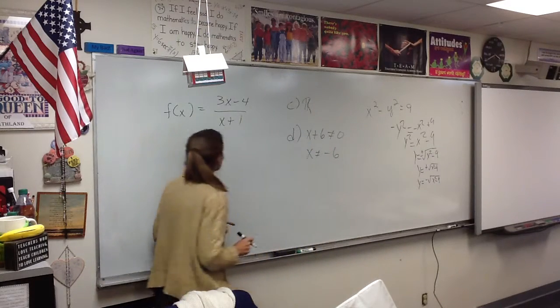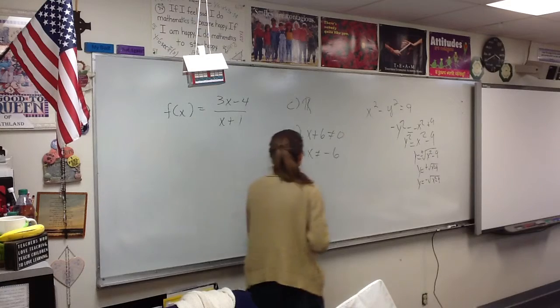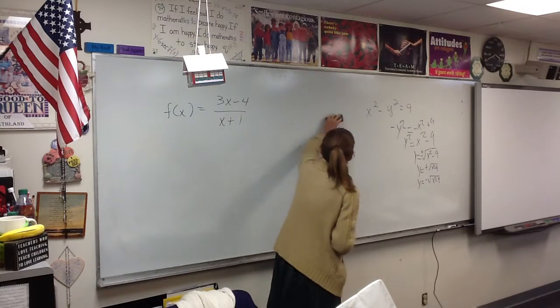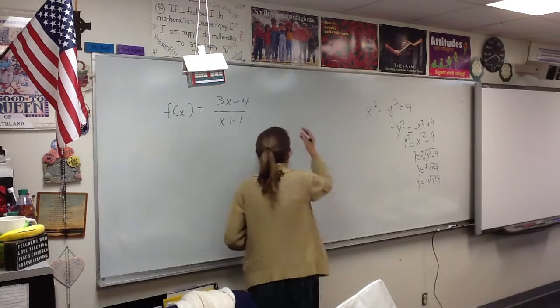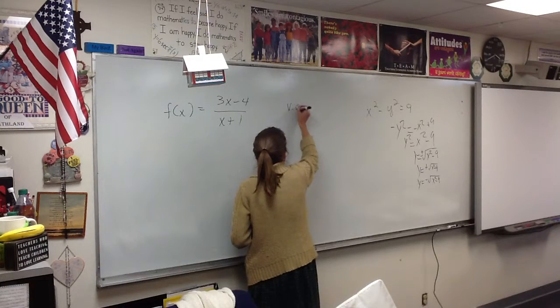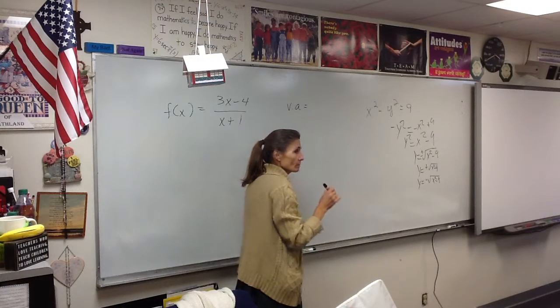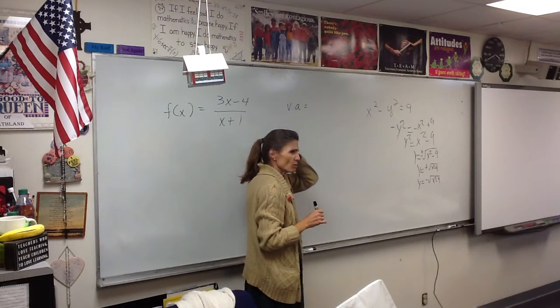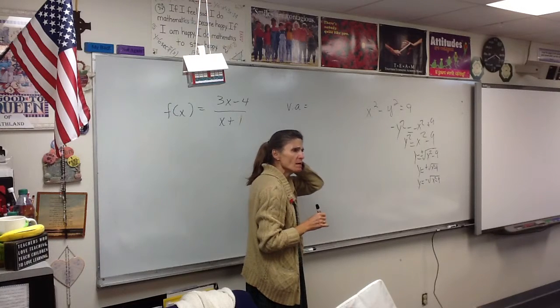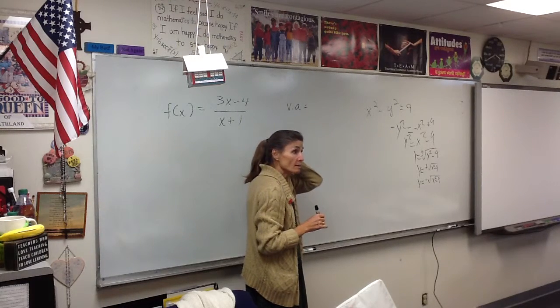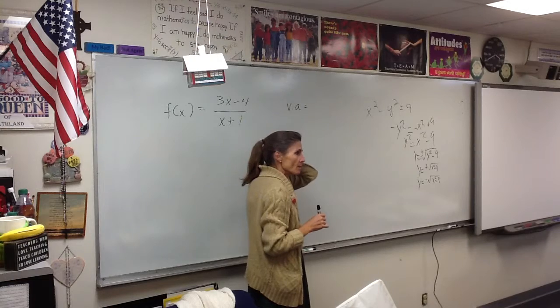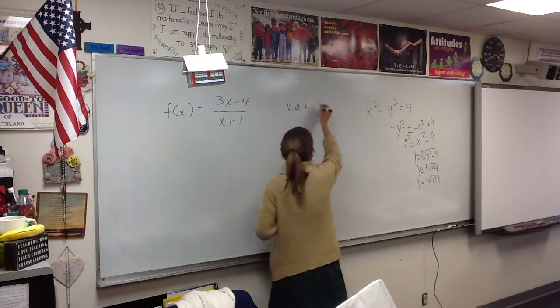Now let's make a little cheat sheet over here to remind ourselves. How do we get vertical asymptotes? Where do they come from? From the bottom. The denominator can't be 0, right?